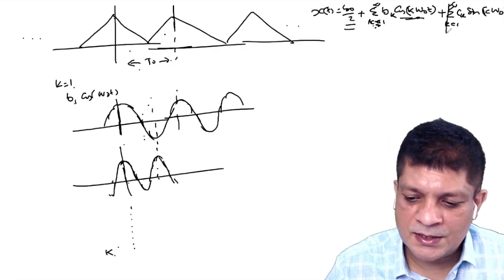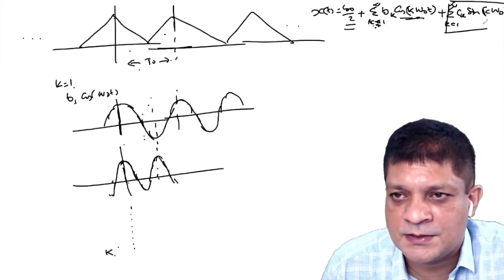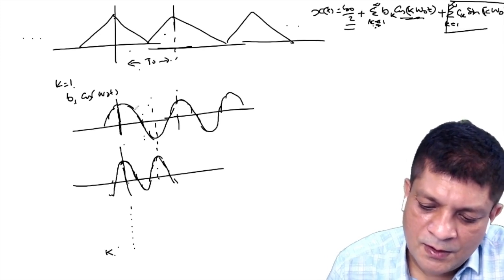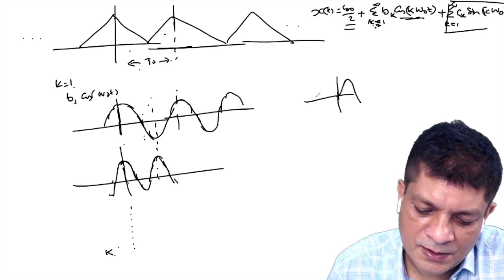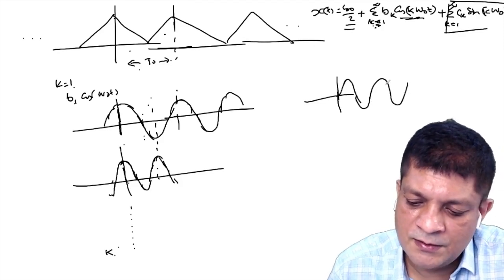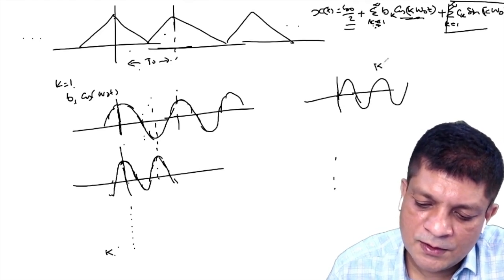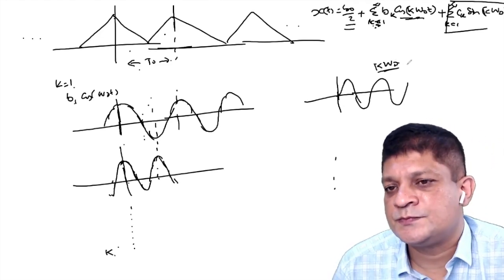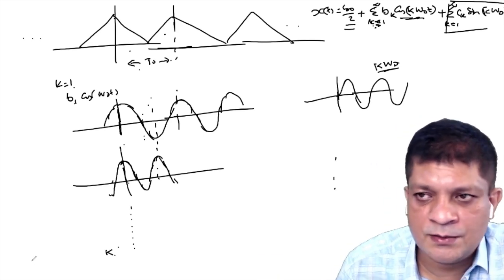Now what about the second summation in the Fourier series expansion? It is the same. The only difference is that now it is a sine wave. Here it is cosine, there it is sine waves having different frequencies, multiples of omega naught. That is the Fourier series representation you must have studied in your mathematics course.